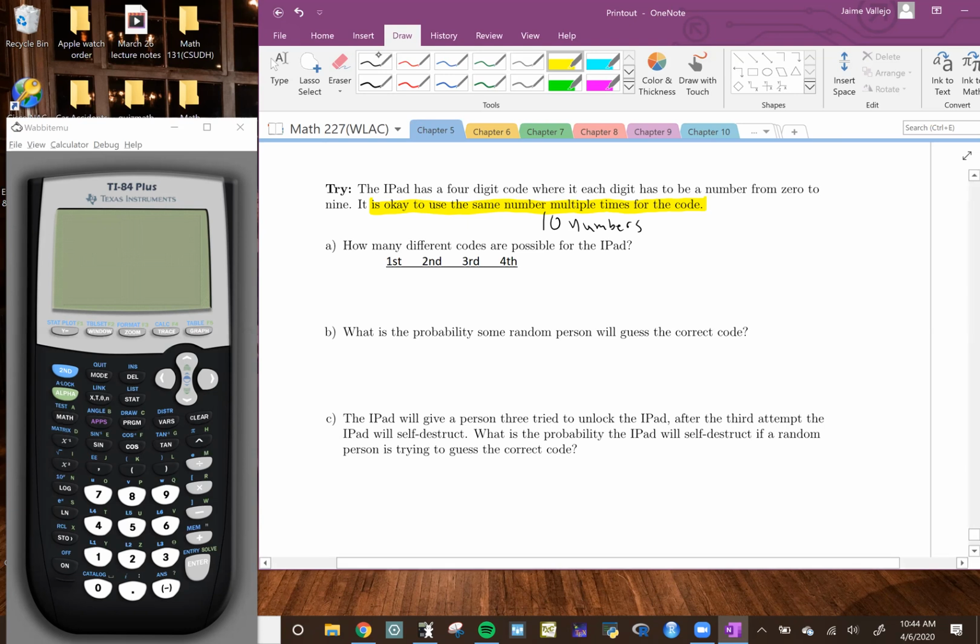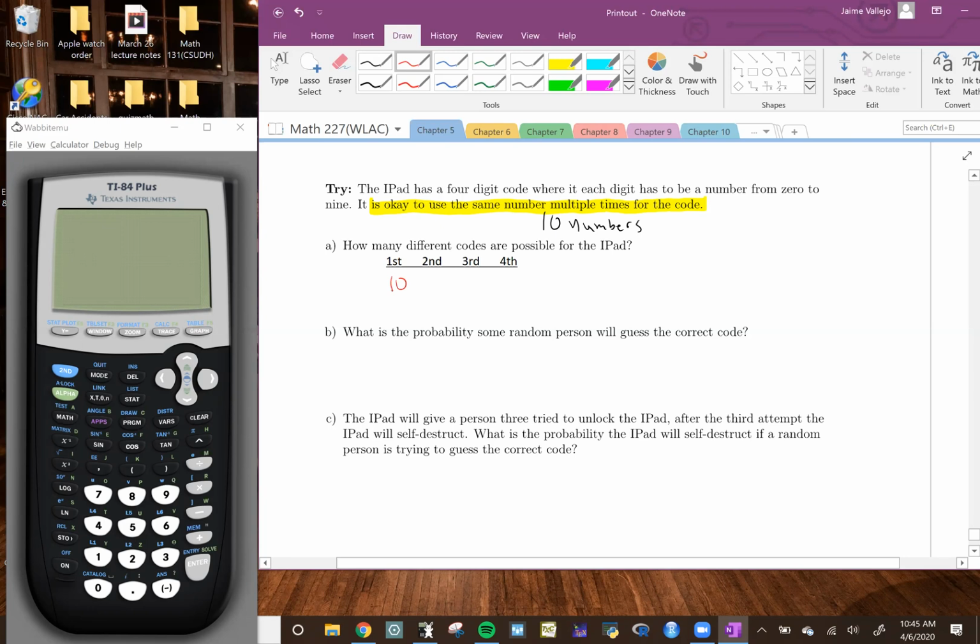So when I'm selecting the first digit, how many numbers do I have to choose from? 10. I'm a little confused because I thought it was the combination rule. Well, there are two reasons why it's not the combination rule. One, the number can repeat.